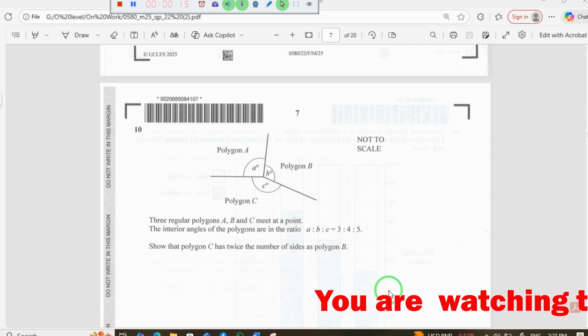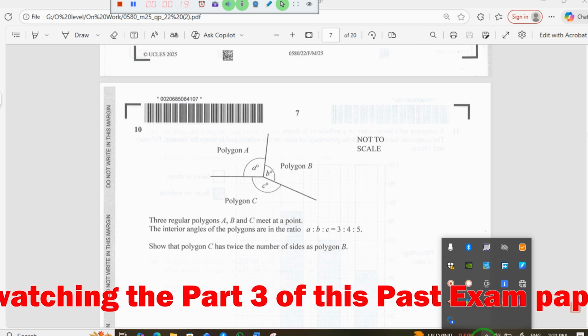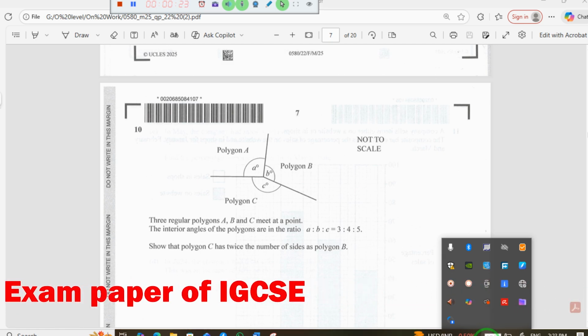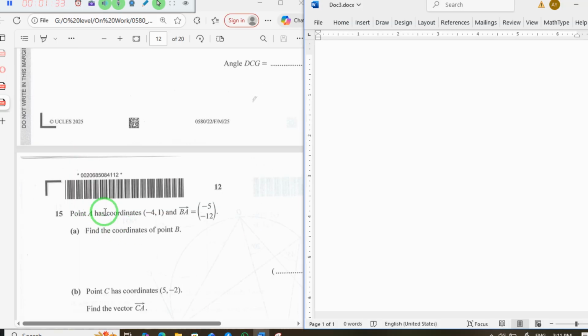Okay, question number 15. Point A has coordinates -4 and 1, and the vector BA is -5 and -12. Find the coordinates of point B. Okay, calculate this one. Here we have the coordinate of A is -4 and 1.